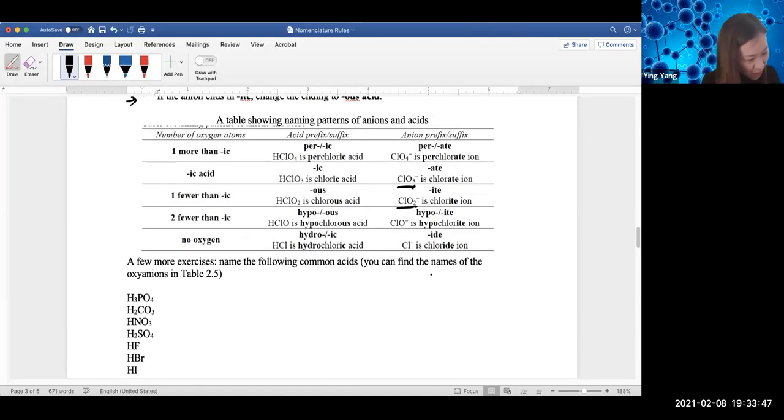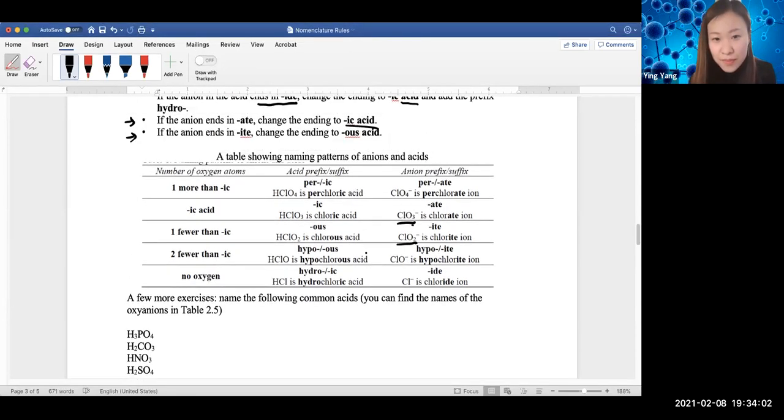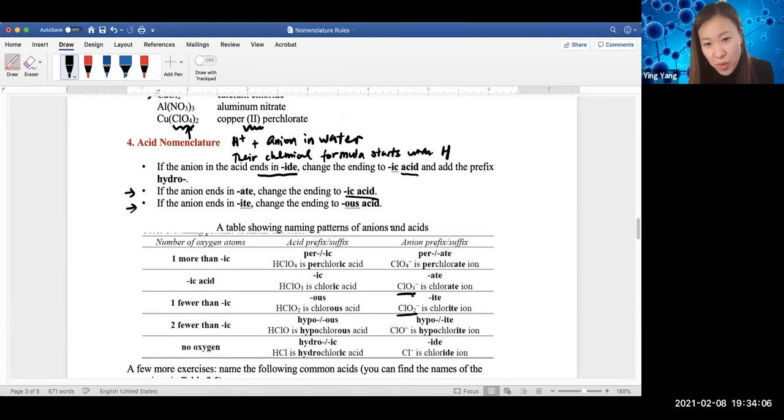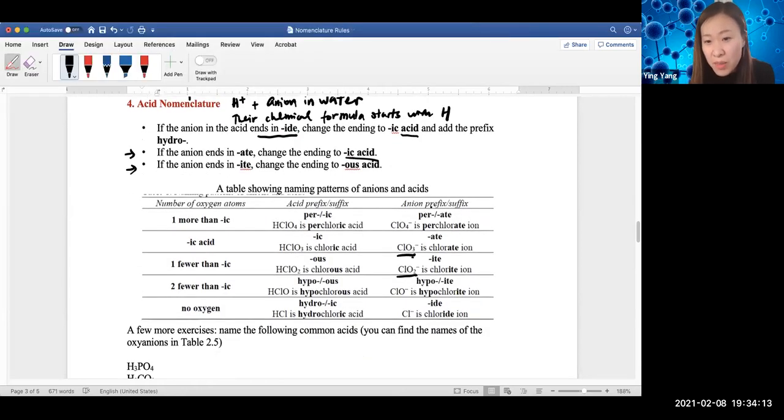Let's see what we have next. Do we have any questions so far? All right, good. I didn't really cover this table, but it just summarizes what we have covered and gives you a good comparison of the names of the anions and the names of the corresponding acids.